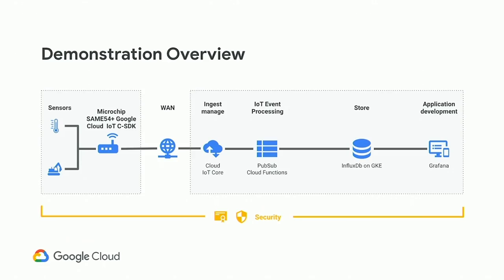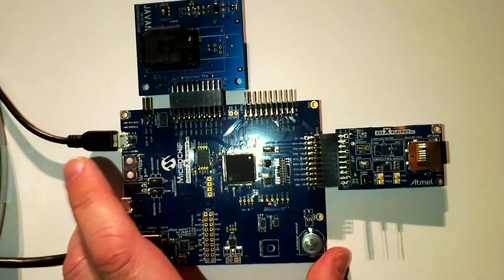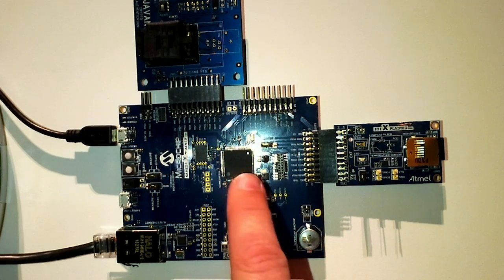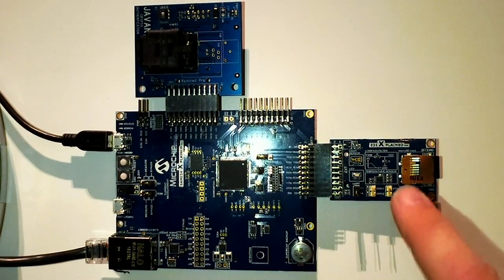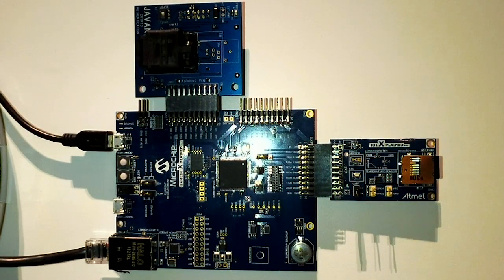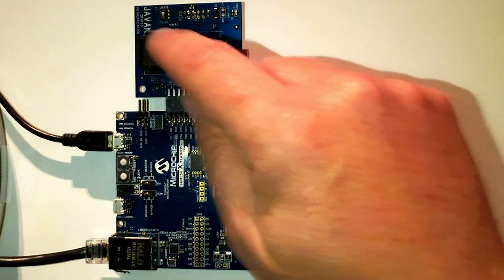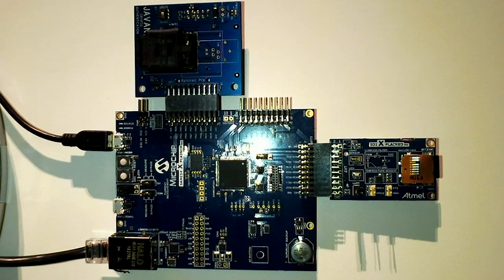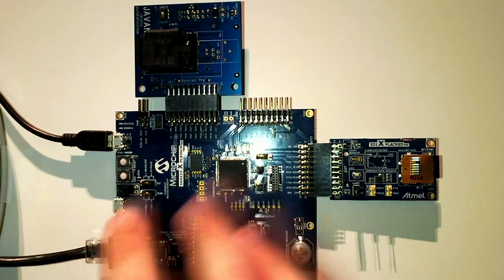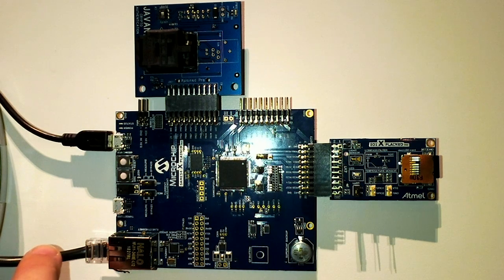We have a microcontroller, sensors, a light sensor and a temperature sensor, and on this board a secure element. That secure element is a pre-provisioned device that comes directly from Microchip. And that board is connected to the network over Ethernet.